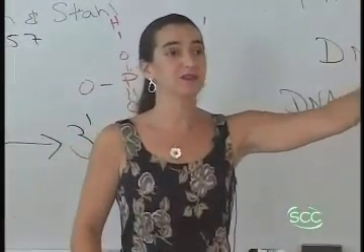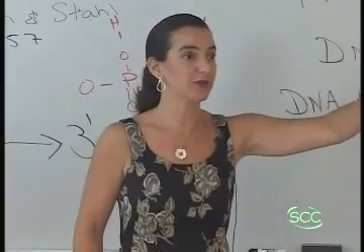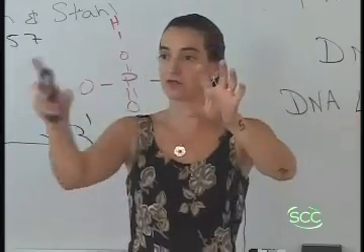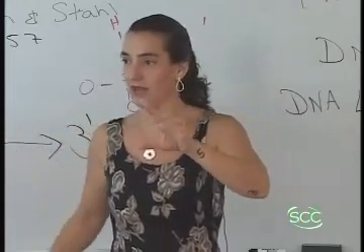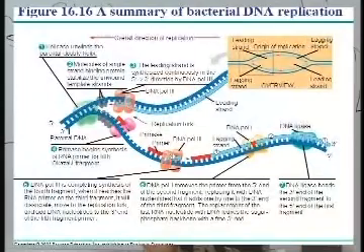But if I'm traveling to the left, I'm going to see one strand is going to be a leading strand and one is going to have fragments. And if I travel to the right, one strand is going to be a leading strand and one strand is going to have fragments. So you need to keep that in mind because it only replicates in that 5' to 3' direction. And if this is 5' to 3', I've got fragment, fragment, fragment, leading.